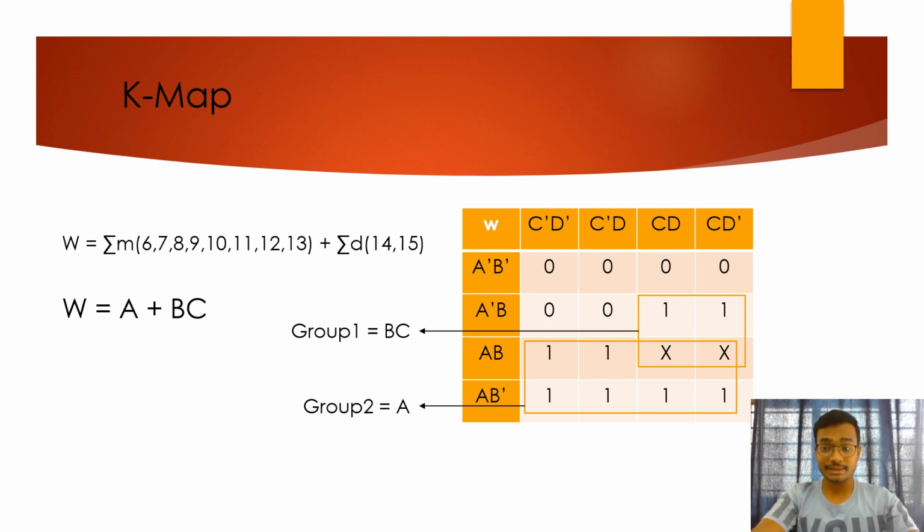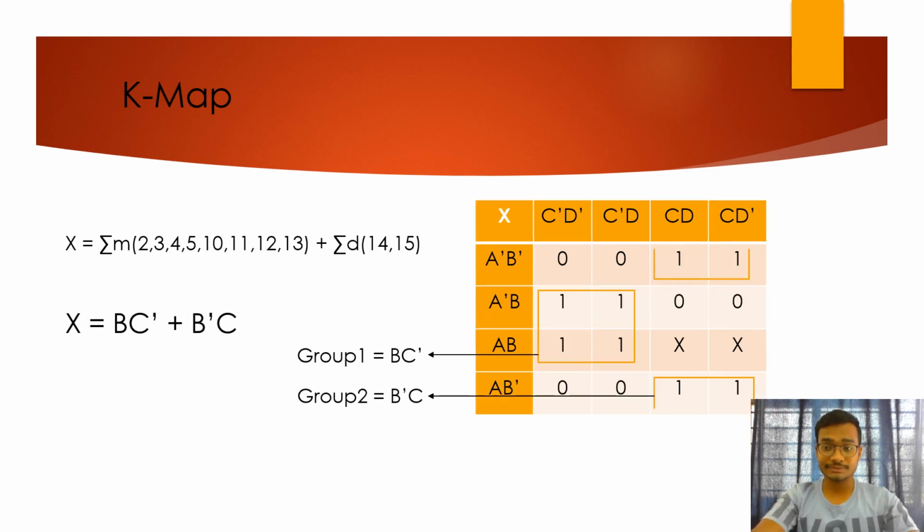So A plus BC is the Boolean expression for W. Similarly, let us see for X. For X, I'm having the minterm representation as 2, 3, 4, 5, 10, 11, 12, 13, along with the don't care conditions for 14 and 15. I'm just representing the boxes, the K map box means the same in all of them, even W, X, Y, and Z are all 4 bits, right? So they mean the same.